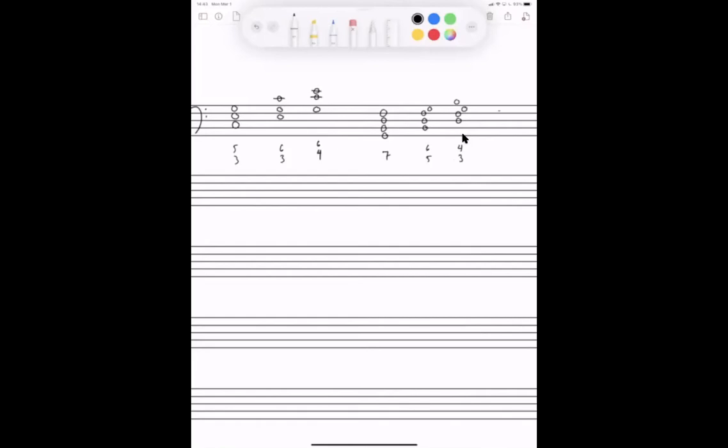And lastly, you could have the F in the bass, and a figure of 4/2. And in French theory, they would call this the chord of the tritone because it has a tritone between the F in the bass and the B above it.